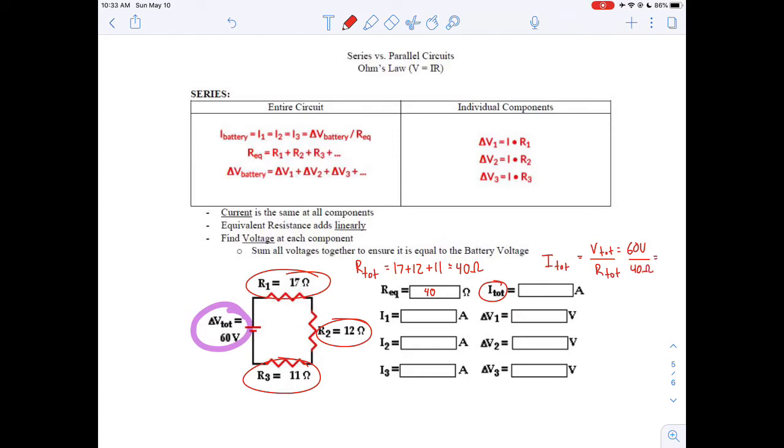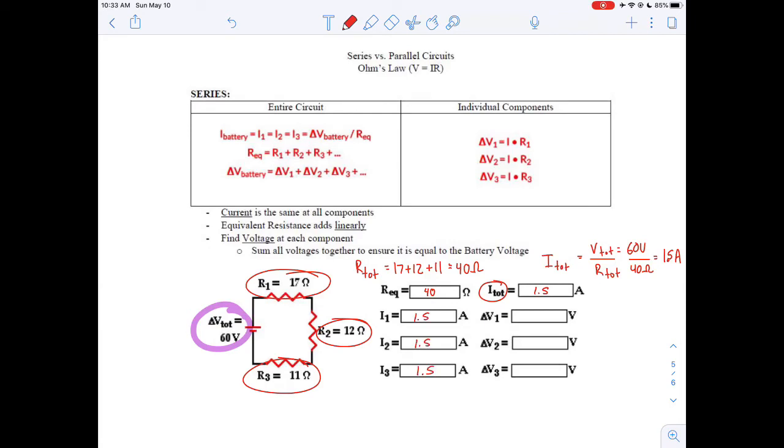So my current is 60 divided by 40, which becomes 1.5 amps. And since this is a series circuit, the current in the entire circuit of 1.5 amps will be the current across each resistor. Boom, 1.5, 1.5, and 1.5.